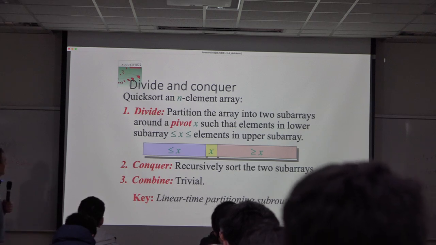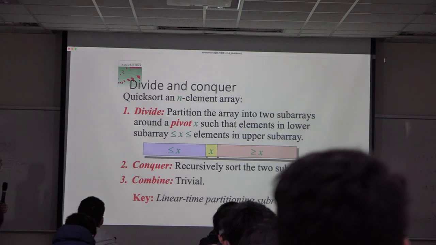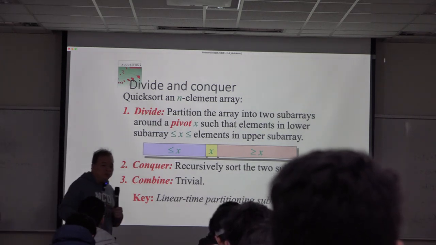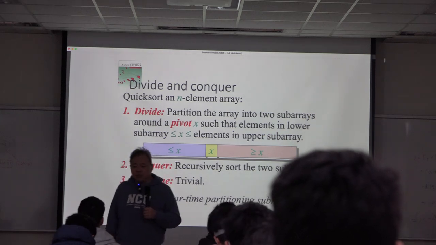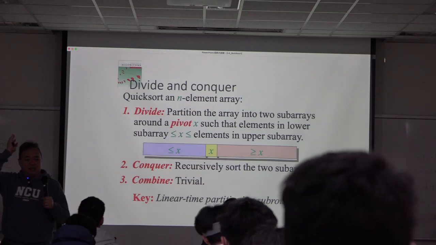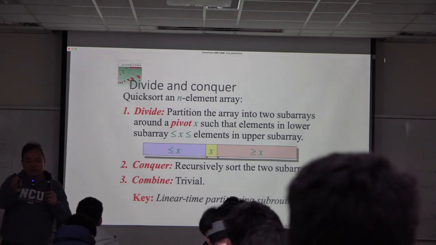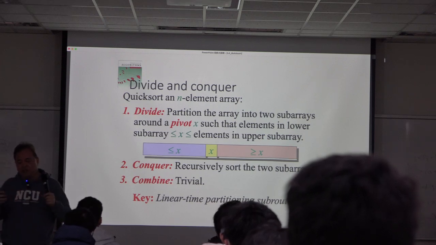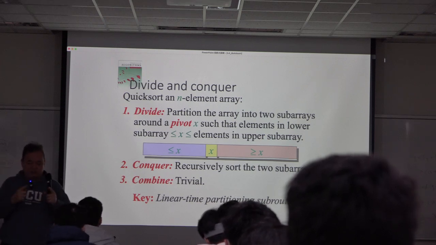So, as I said, quick sort is a divide and conquer algorithm. If you remember, in merge sort the division happens so easily. You just find the middle element, break the array in half, and keep doing that, and then you just merge them.